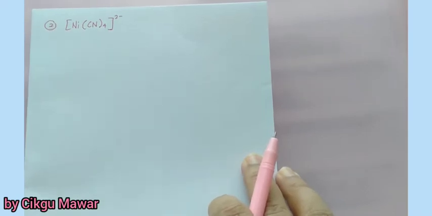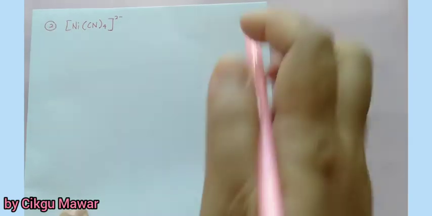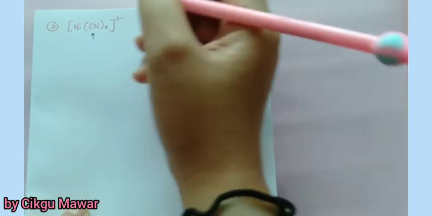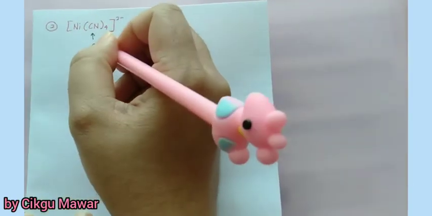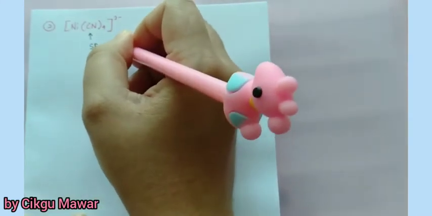For the ligand type, CN, refer to our notes: carbon, nitrogen and phosphorus donors are strong field ligands. For a strong field ligand, don't forget that the electrons must pair up before we enter the ligand. Before we put the ligand in the orbital, the electrons in the central metal nickel must be paired up first. Let me show you.